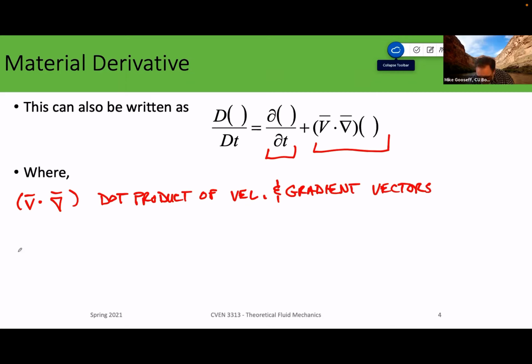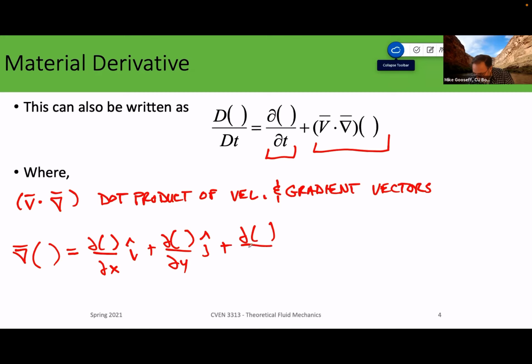And ultimately, this gradient vector of whatever our characteristic is that we care about for a fluid, for a flow, looks something like this: ∂/∂x times the i hat unit vector, plus ∂/∂y of whatever it is times the j hat unit vector, plus, again, ∂/∂z of whatever it is multiplied by the k hat unit vector.